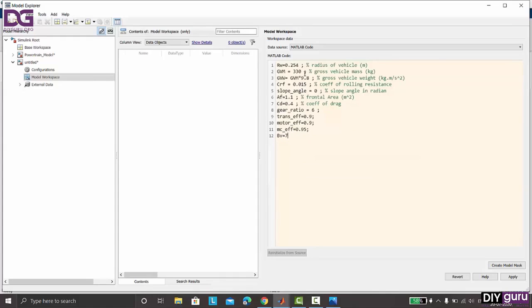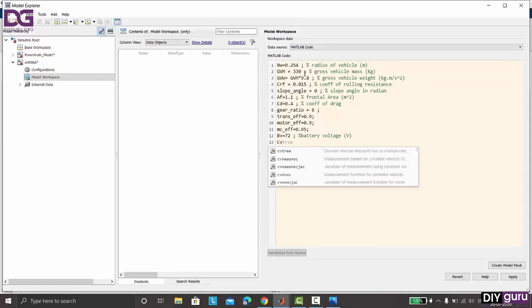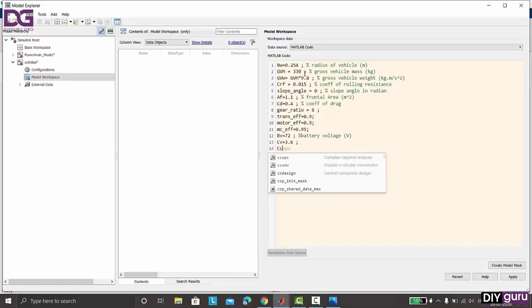Then battery voltage, that is 72 volts. The cell voltage of the cell is 3.6 volts, that is the nominal voltage. Cell capacity is 31 ampere hours.